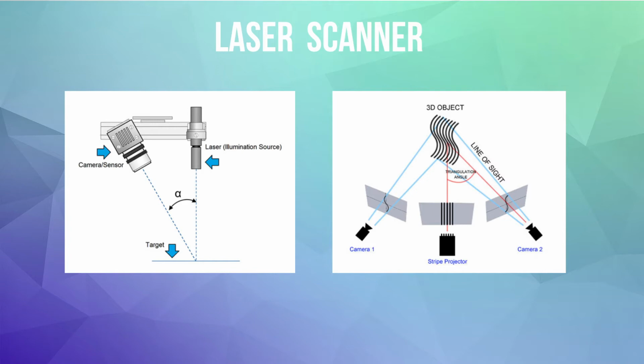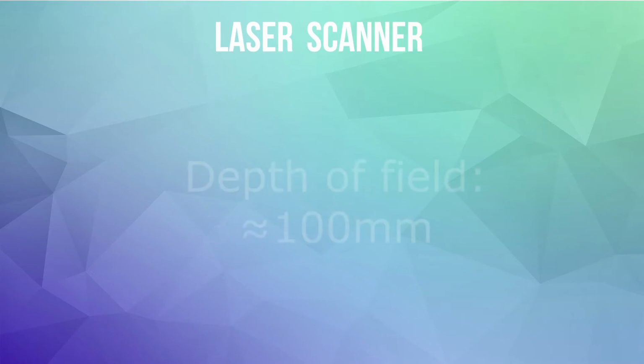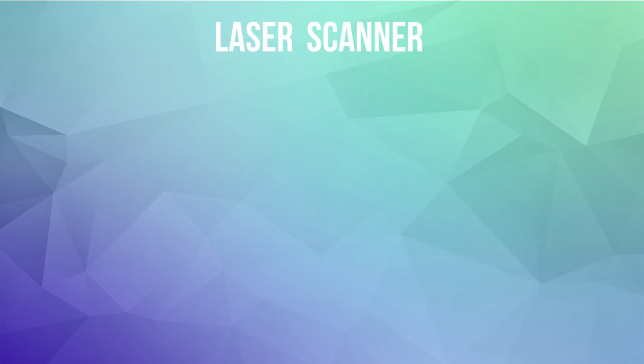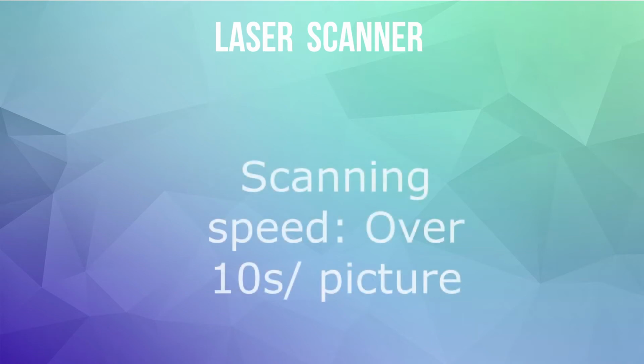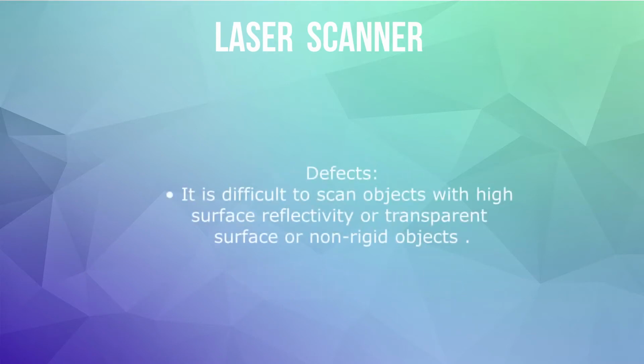Among the three scanners, it has the lowest accuracy range, but can reach as high as 0.01 mm, and its depth of field is about 100 mm, which means it can only perform close-up scans. Its scanning speed is also relatively slow, with each scan exceeding 10 seconds. In addition, it cannot scan transparent objects or highly reflective and soft objects.